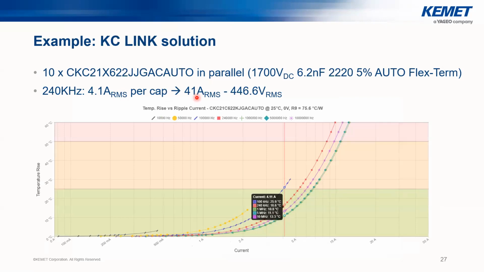We can also check the self-heating at this operating point for the ceramic capacitors, and here again we see that at 4.1 amps per capacitor we will be in the safe zone, because we have a self-heating of 16 degrees, which is below what we define as the safe zone, which is 25 degrees Celsius.